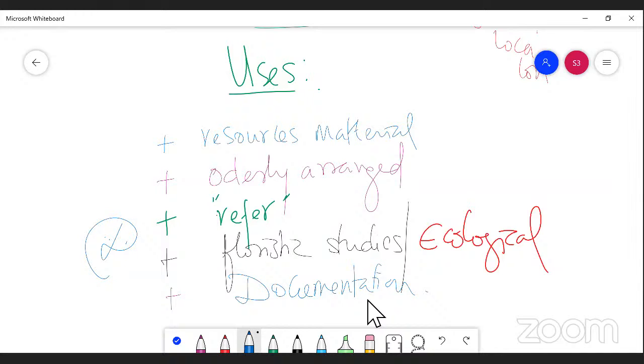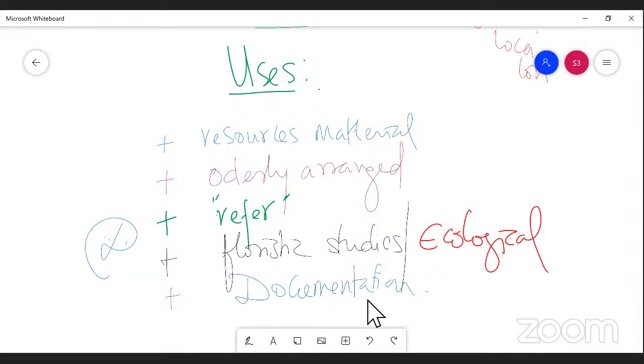And herbarium also provides an opportunity to the plant collectors for making a documentation, which encloses all the data: country, state, district, even city or locality, date of collection, timing of collection. All the data are available, right? So these are the uses of herbarium.